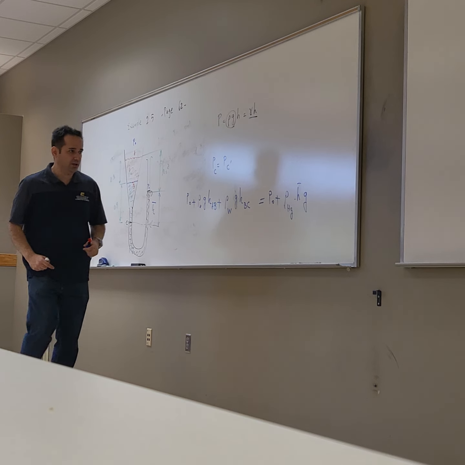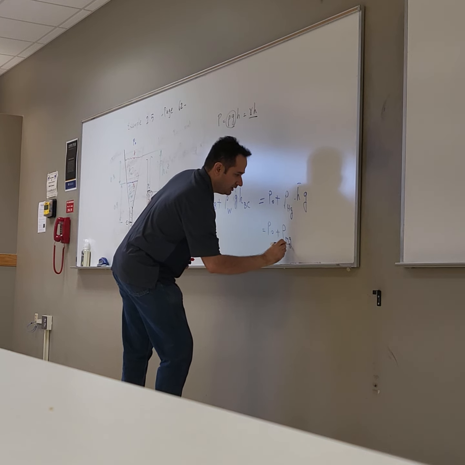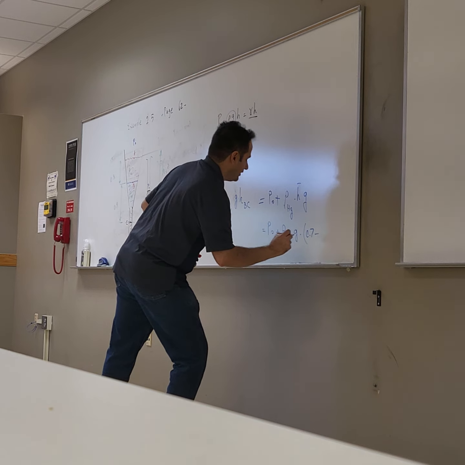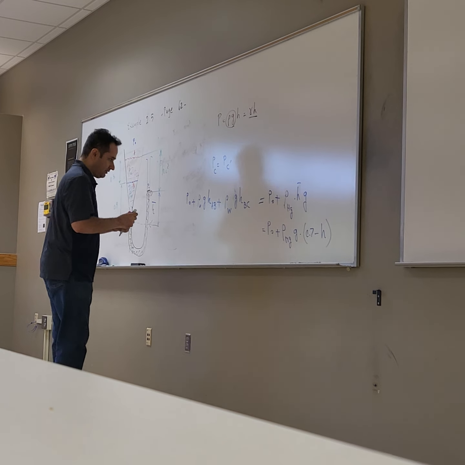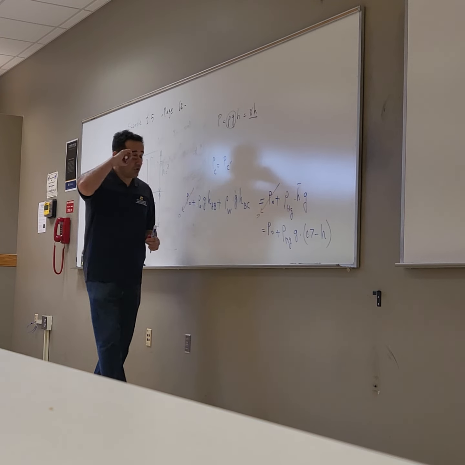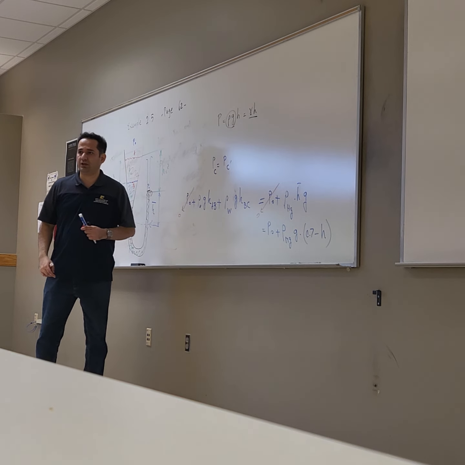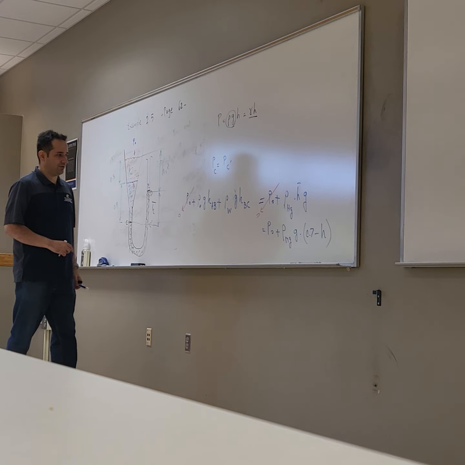So for H bar, you can write P0 plus rho Hg times g times (0.7 minus H). Immediately you see that P0 cancels out. In most problems we solve, the gauge pressure or the atmospheric pressure will cancel out. That's the reason they talk about this terminology, gauge pressure, extra pressure, delta P, because that usually cancels out in most practical problems.